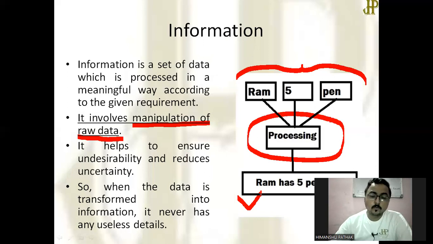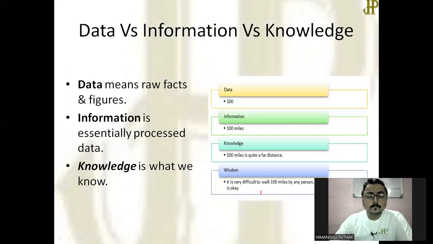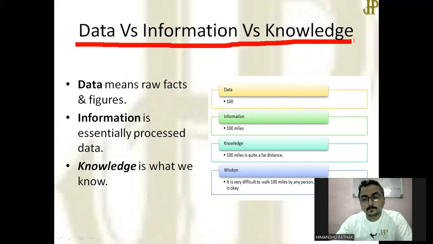So now move on further. What is the difference between data, information, and knowledge? Data means raw facts and figures, as we already discussed. Information is processed data, again discussed. But what is knowledge?